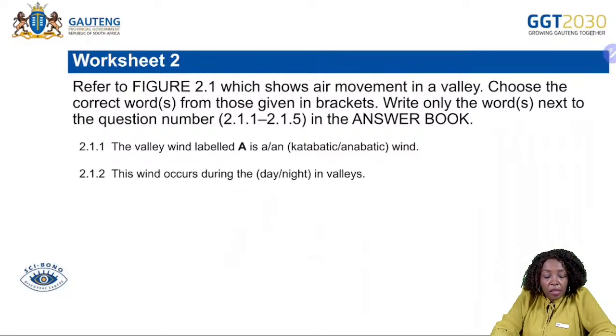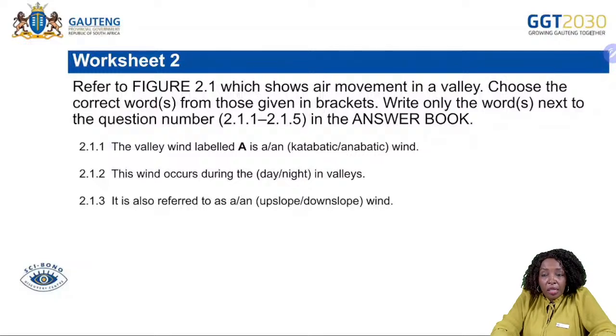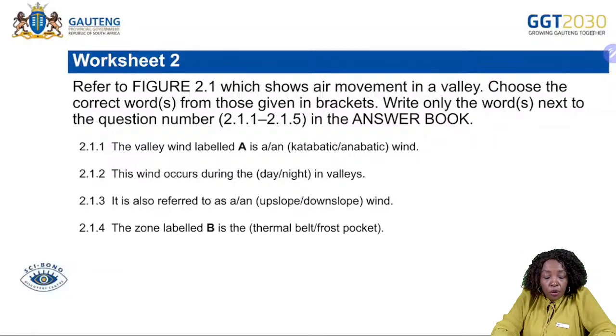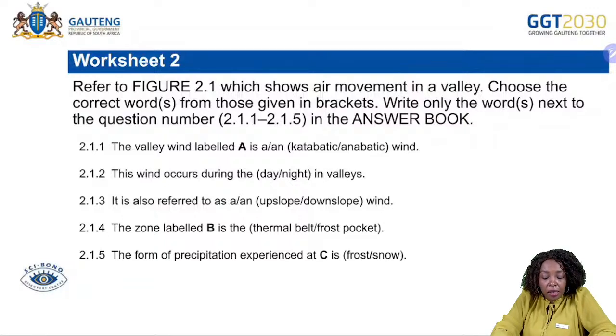And then this wind occurs during the day or night in valleys. Number 3, it is also referred to as an upslope or a downslope wind. Number 4, the zone labeled B is the thermal belt or the frost pocket. For number 5, the form of precipitation experienced at sea, is it frost or is it snow?